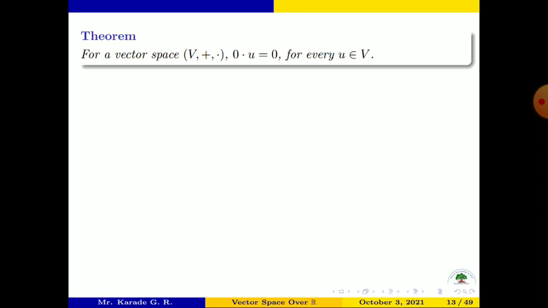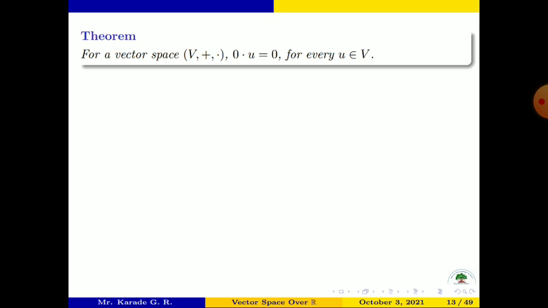So for a vector space V with respect to addition and scalar multiplication, 0 into u is equal to 0 for every u in V. So 0 into u on the left hand side, that 0 is a zero scalar, and 0 on the right hand side is the zero vector in V. So keep in mind this, that is important.